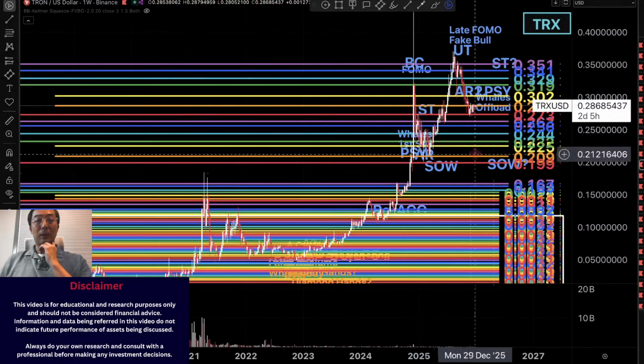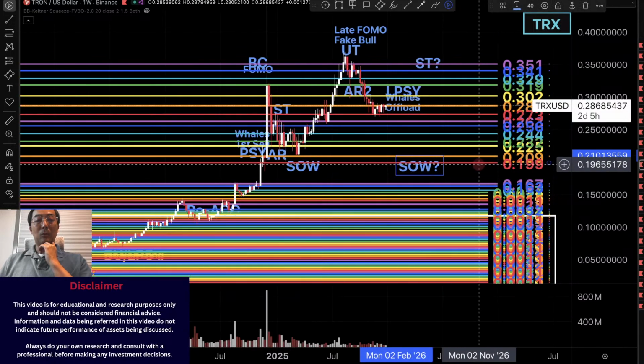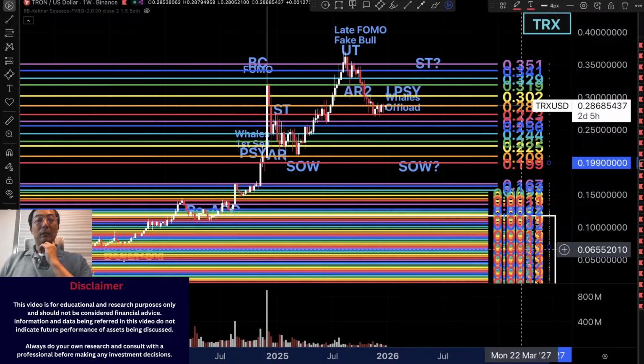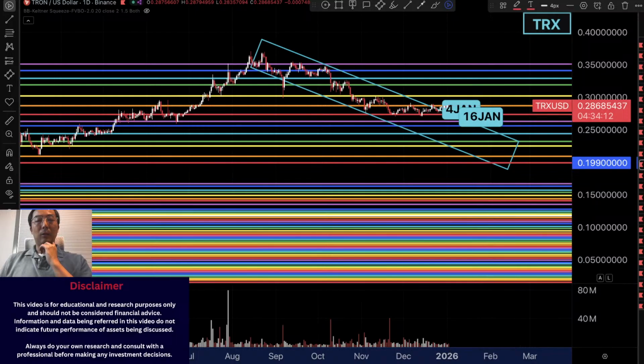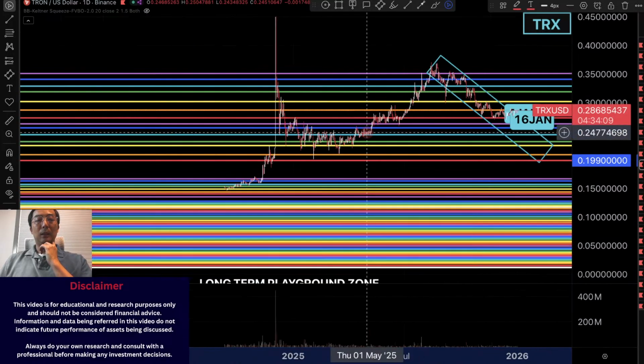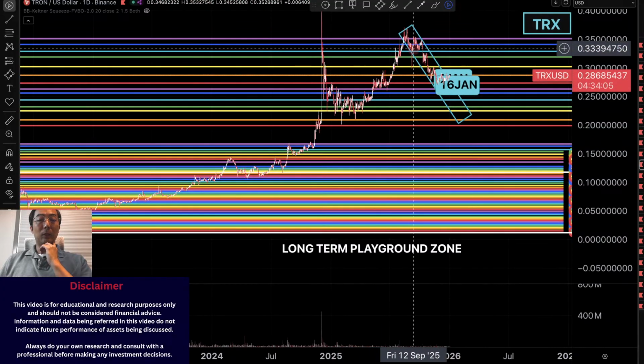Even if we are expecting a sign of weakness that may appear and challenge the 0.199 level. So here, the uptrend that I said may still be going on.